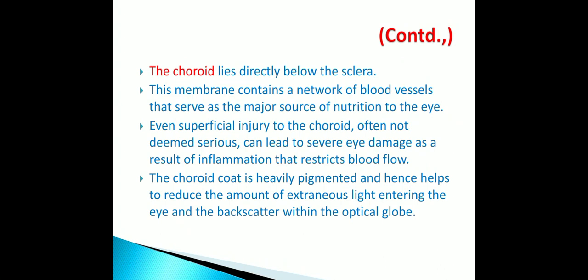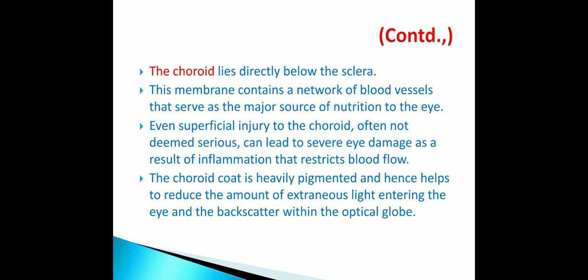The choroid lies directly below the sclera. This membrane contains a network of blood vessels that serve as the major source of nutrition to the eye. Even superficial injury to the choroid, often not deemed serious, can lead to severe eye damage as a result of inflammation that restricts blood flow.